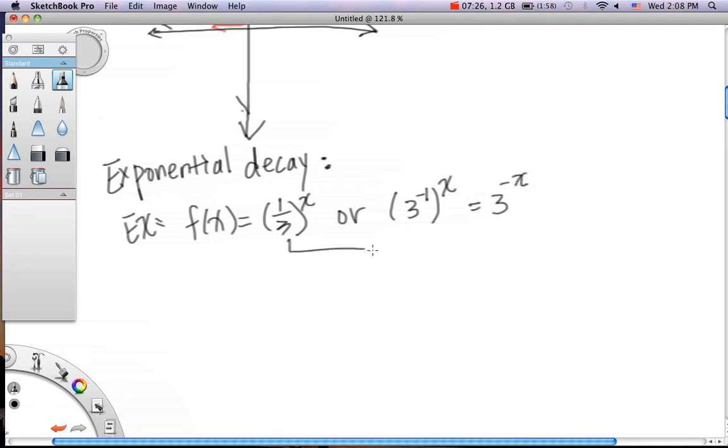So these two are equivalent, and they're exactly the same function, and they are referring to an exponential decay function.